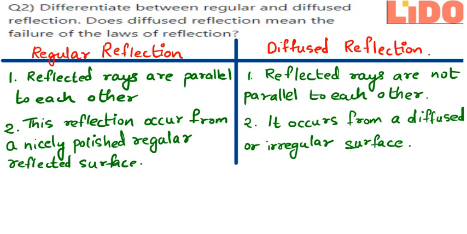So in diffused reflection, reflection occurs from an irregular or diffused surface, whereas in regular reflection, reflection occurs from a polished surface.